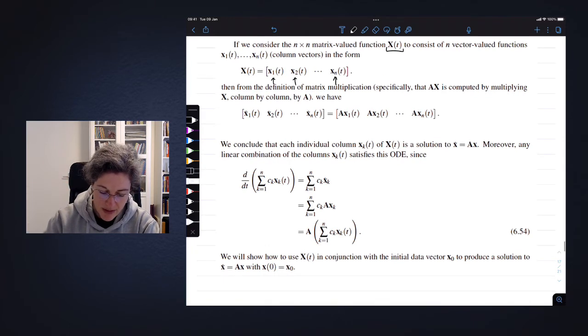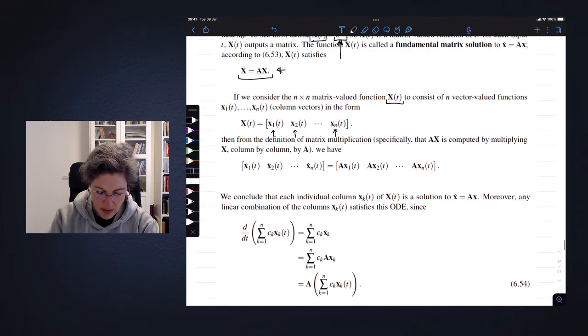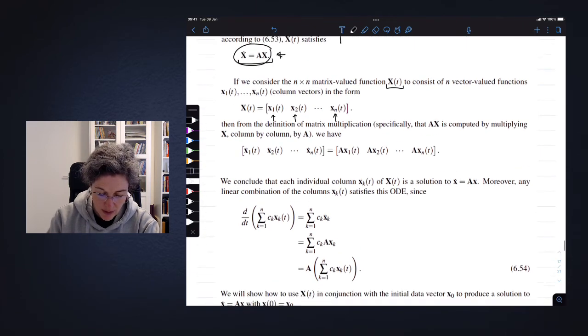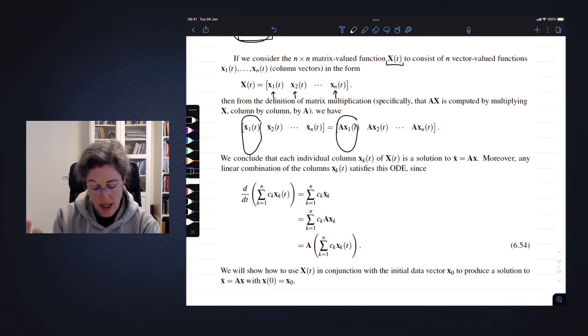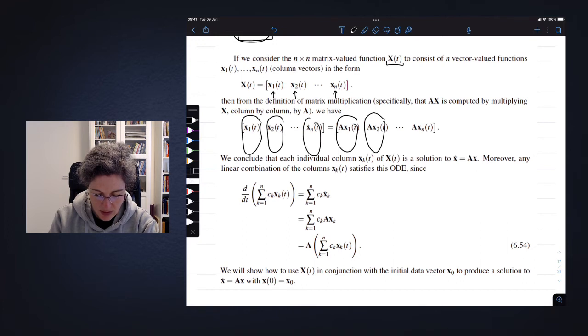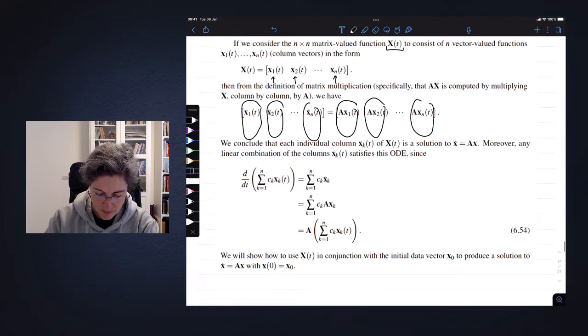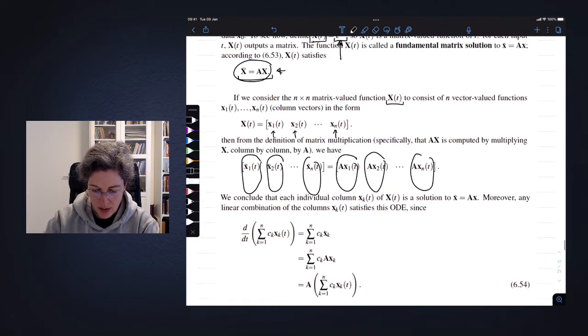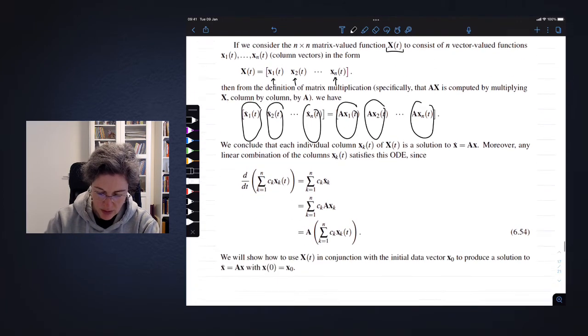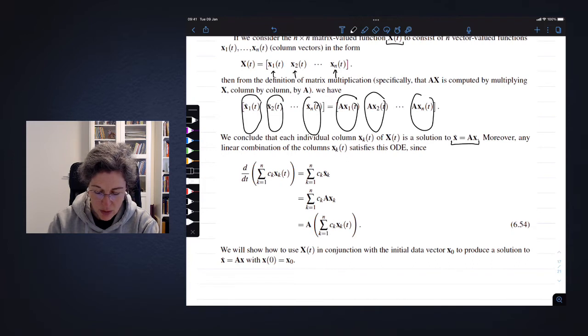So what we're really saying when we write this matrix equation over here is that this column here satisfies the equation x1 dot is equal to a x1. This column solves this, this column solves this. So each individual column in our fundamental matrix solution is a solution to this differential equation.